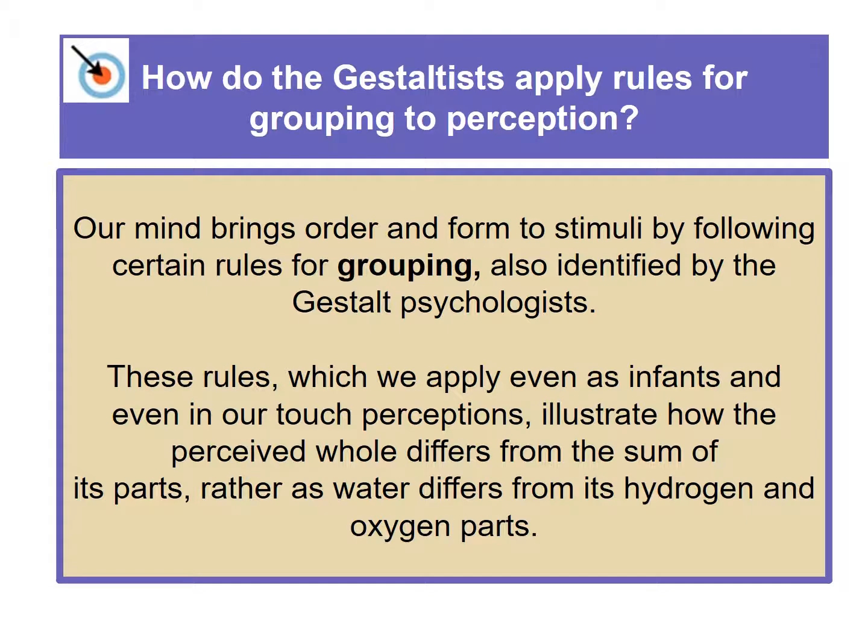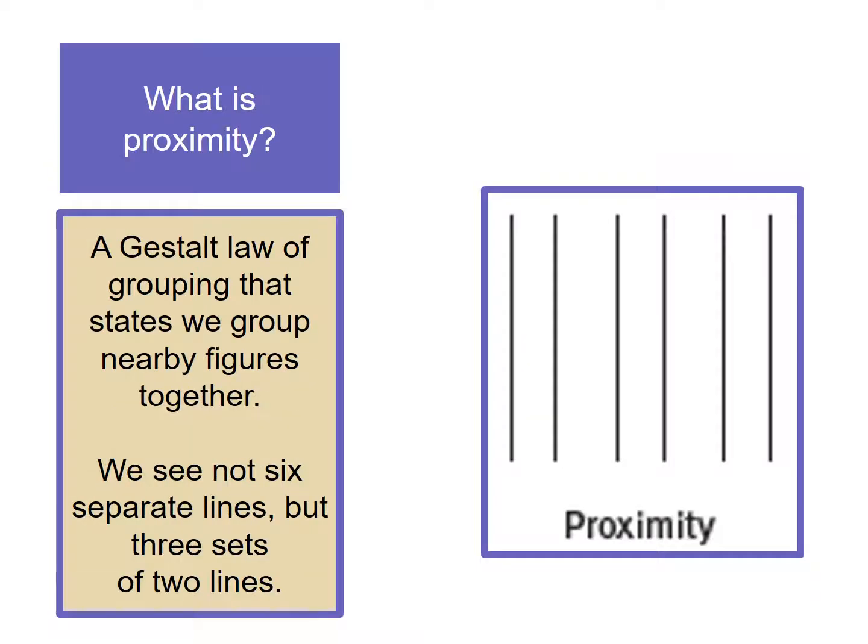So if we look at the slide before with the two black parts, where you might have seen faces, or the hourglass thing, that's what I'm talking about, the whole and its parts. Proximity is a Gestalt law of grouping that states we group nearby figures together. So when we look at this, we do not see 6 separate lines, but we see 3 sets of 2 lines.